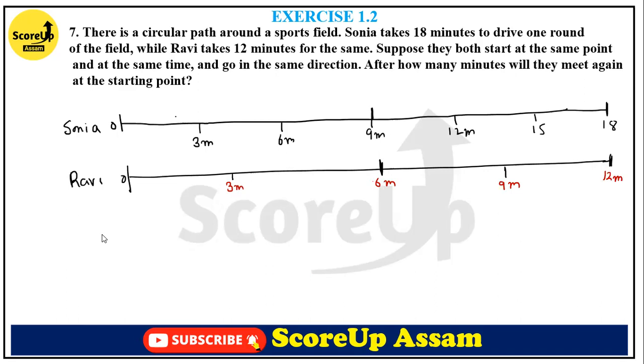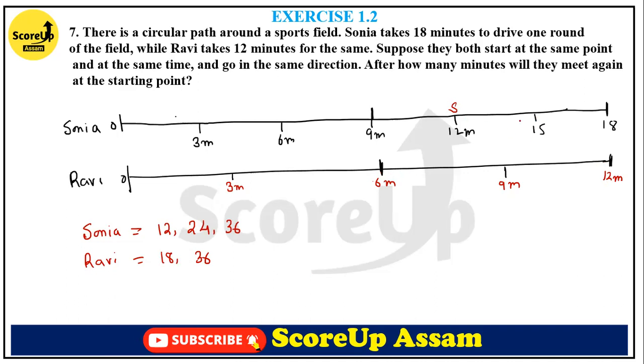So now let's try to understand. See, at 12 minutes, Sonia will be here, and at 12 minutes, Ravi will be here.